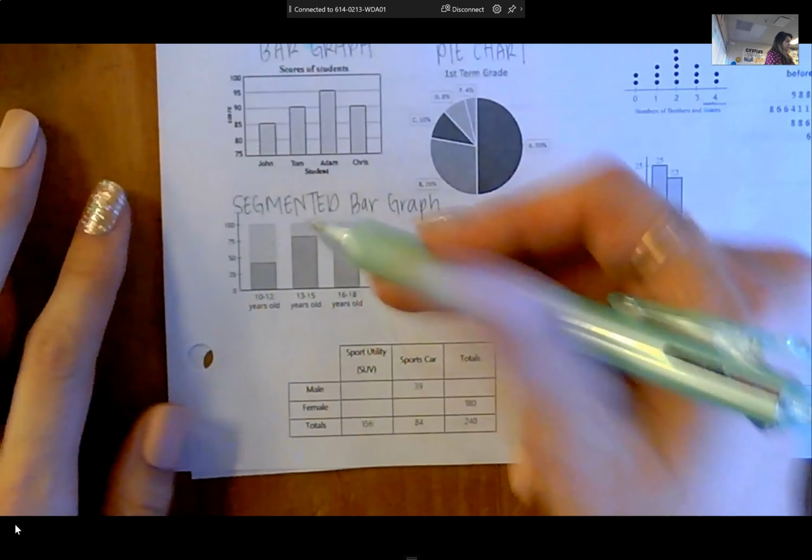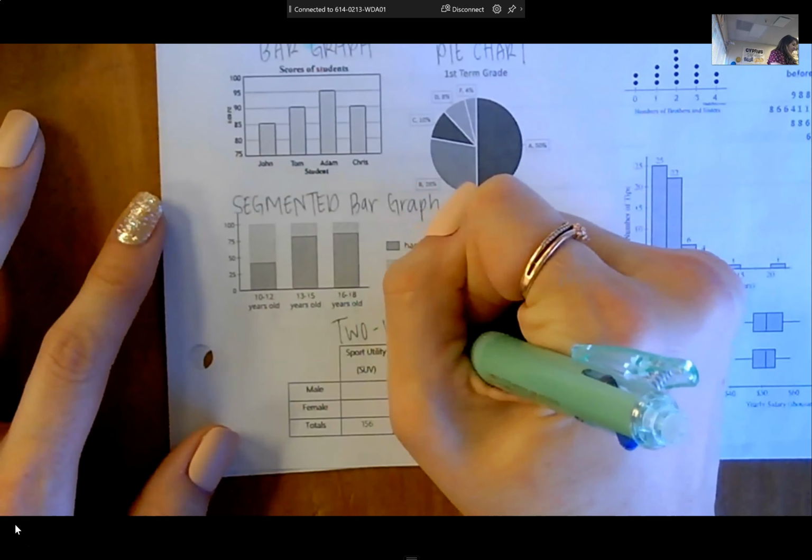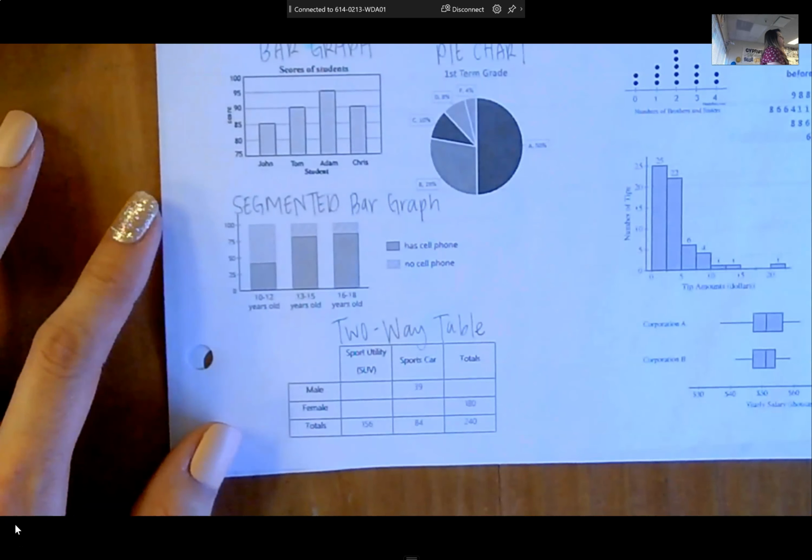This guy, you know him, he's a two-way table. He's the same two-way table that we saw in the probability unit. Hopefully now that we've done probability, the two-way table work that we have to do is easy for you.